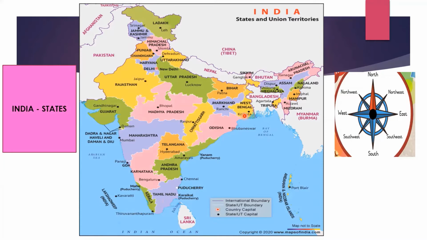So this is an easy way to remember the states in order. First, we will be learning the South Indian states, that is Gujarat, Maharashtra, Goa, Karnataka, Kerala, Tamil Nadu, Andhra, Telangana, Orissa.